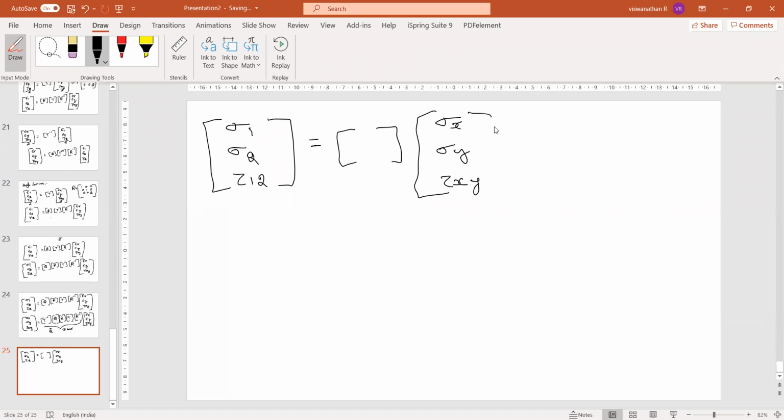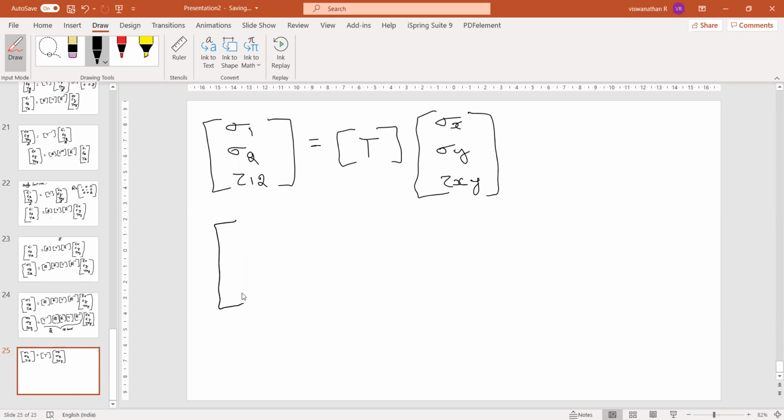You just need to understand the local stresses are on the left side and global stresses on the right side. You have T here.